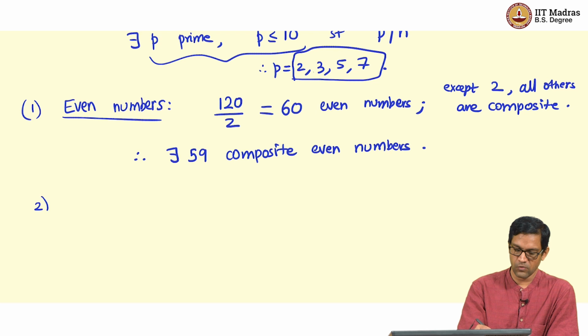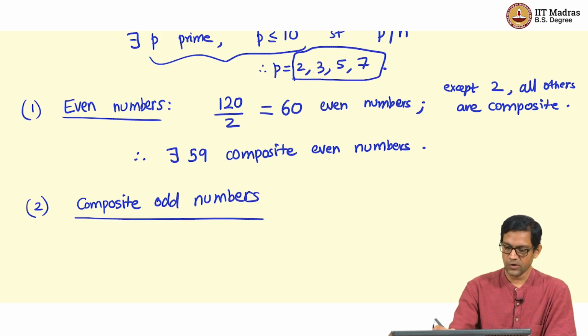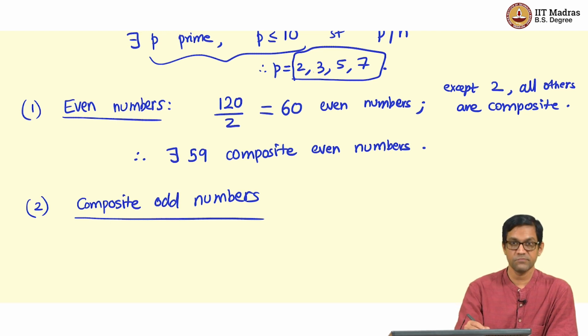Now we are going to look for the composite odd numbers between 1 and 120. The observation we just now made says that if n is a composite odd number, then n is divisible by 3, 5 or 7.